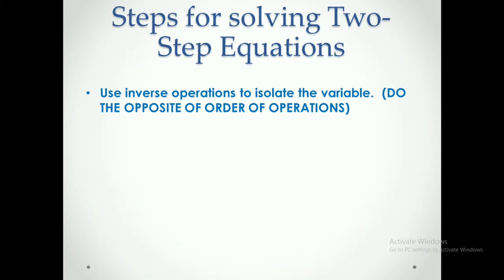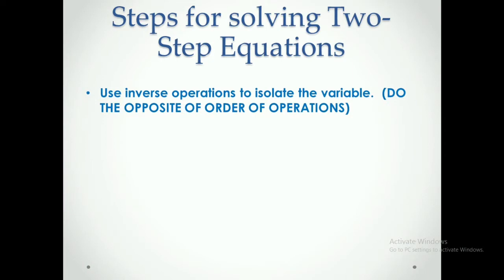Now we are going to be doing this by using what we call the opposite of order of operations. So the normal order of operations that we'll use to simplify expressions is: we normally do the parentheses first, or the brackets, followed by any exponents or multiplication or division, followed by addition or subtraction.